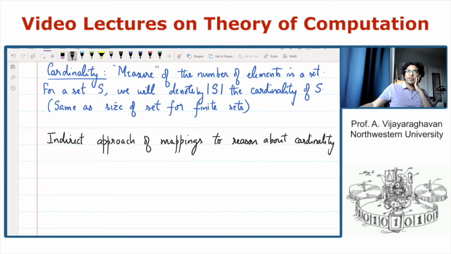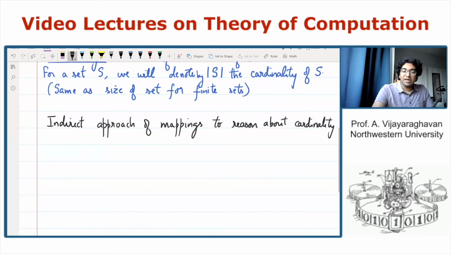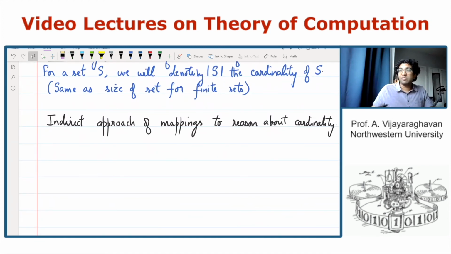Okay, good. So before we go into how to do this, let's recap what mappings are, and we'll also recap some properties of mappings that will be very useful for us.